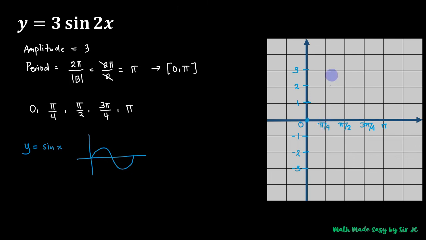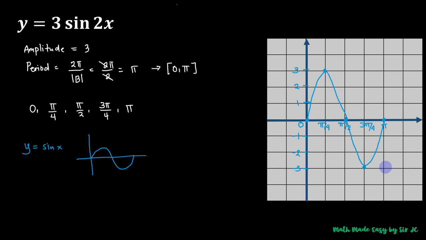Then at pi over 4 is the highest value of y, 3. Then it passes through the x-axis at pi over 2. Then the lowest at negative 3. Then at the x-axis at pi. Then we connect the points. Okay, that's it. So this will be the graph of the given function.